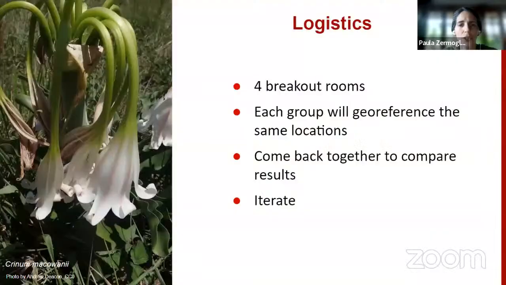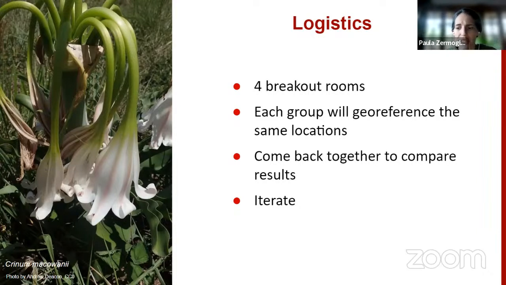So what we're going to do, this is the logistics part, is we're going to have 4 different rooms. And here it says 4 breakout rooms, so we're going to make 3 plus the main room, which is this one where we are now. We're going to divide all of you into groups, and each group will georeference some locations.